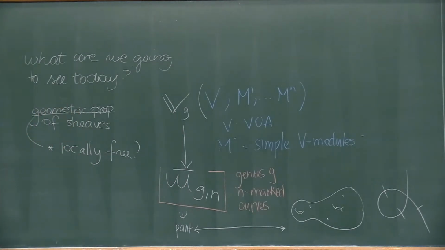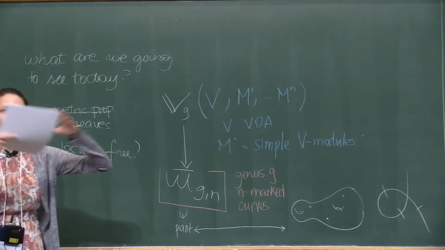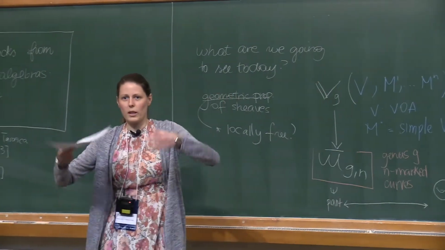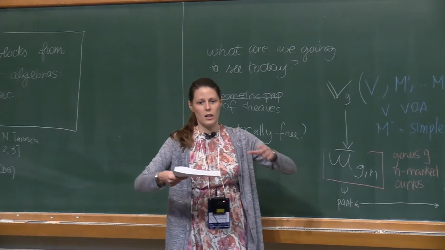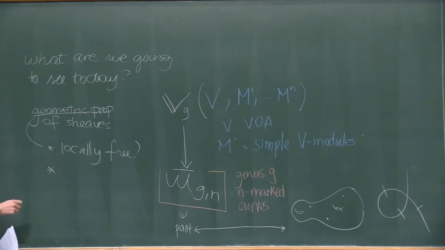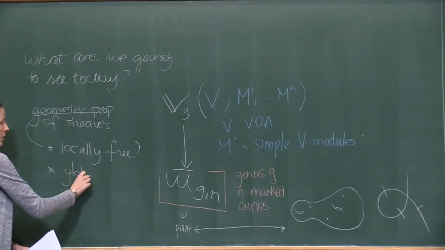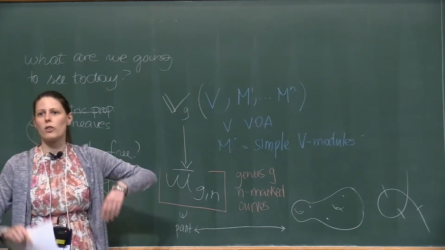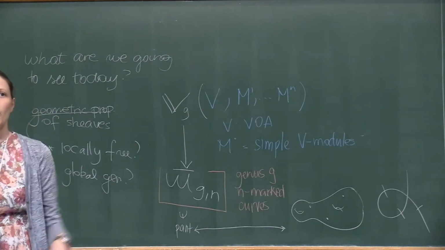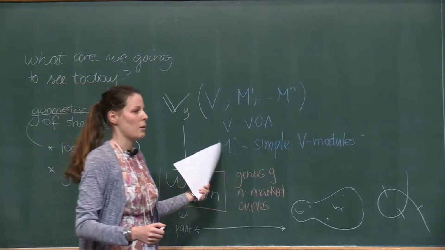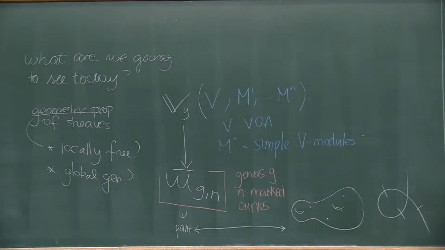I mean, locally, they really look like a vector space, and the way in which it's not globally just a vector space is given by linear transformations. The other property is global generation. Meaning, can we describe this sheaf as just a quotient of something that is actually trivial? It's really a vector space times the structure sheaf of M_{g,n} bar.